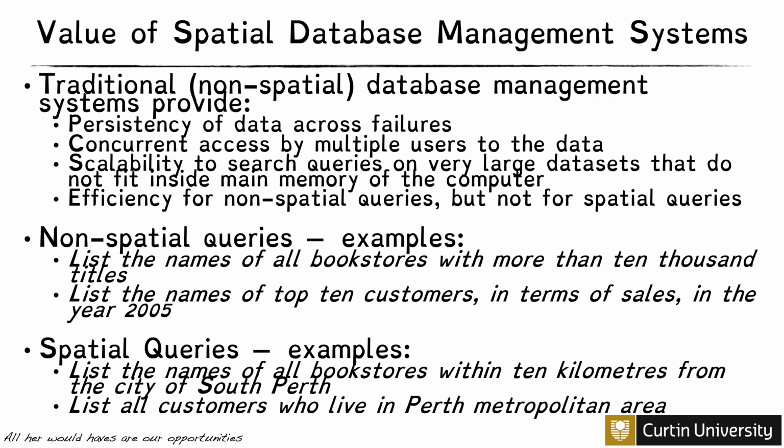So instead of saying, give me the top 10 customers, I want all the customers who live within the Perth metro area. And then I might even want to scale that further and say, give me the top 5 customers from the Perth metro area. And because of the nature of that kind of query, a spatial database system is really helpful.